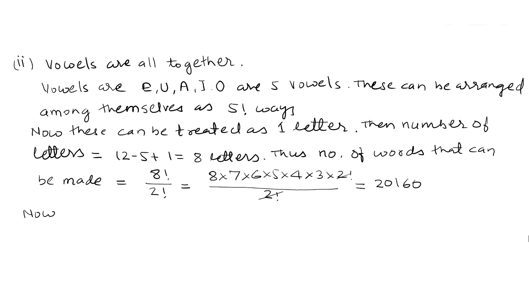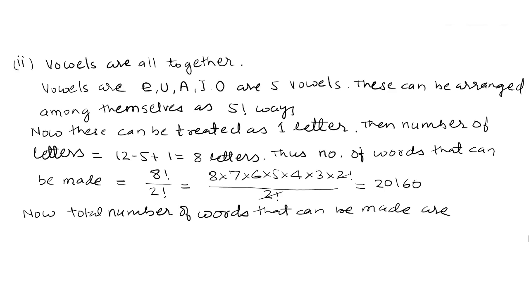Now we have to multiply by 5 factorial, the ways in which those vowels can be arranged among themselves, to this 20,160, so that we get the total number of words made out of the letters of the word PERMUTATIONS where all the vowels are together.